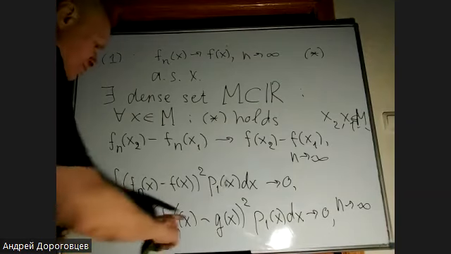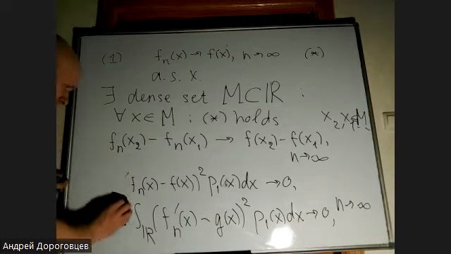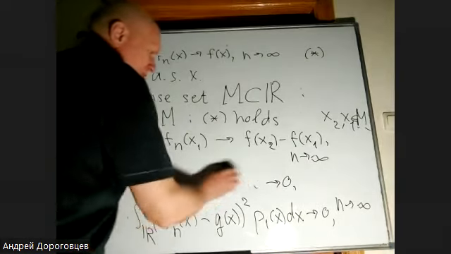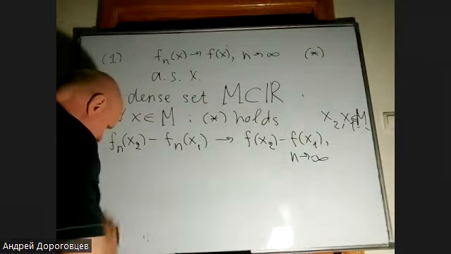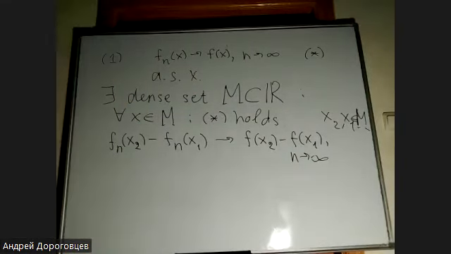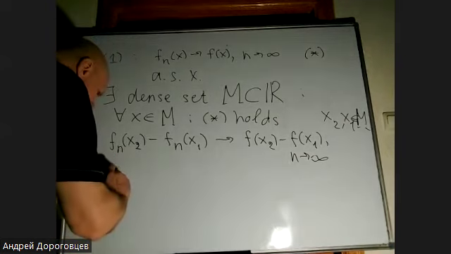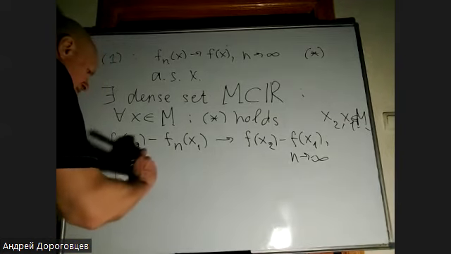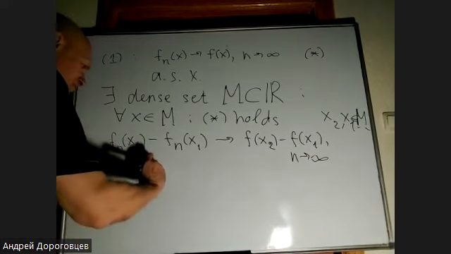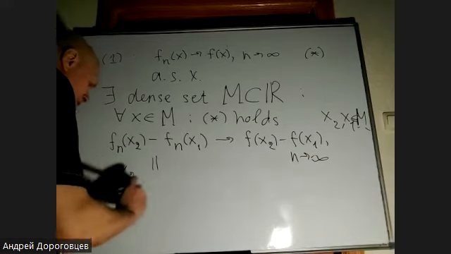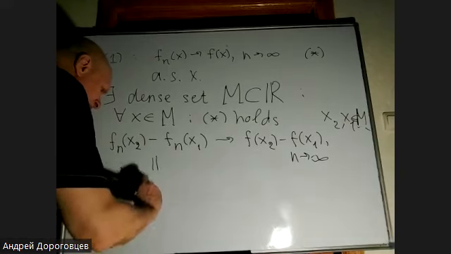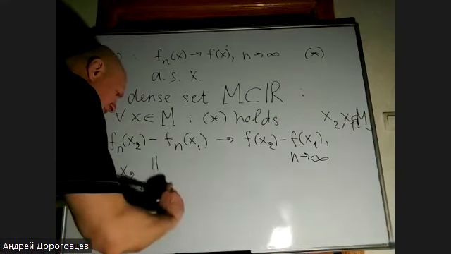Now it's time to use the second condition. Unfortunately, I have to write it, but you have it. fn is continuously differentiable. So we have the following. This difference, let me do this as follows, is equal to the integral from x1 to x2 of fn prime of x dx.